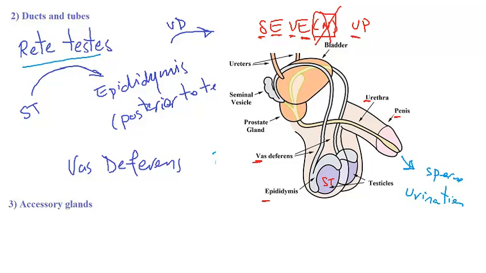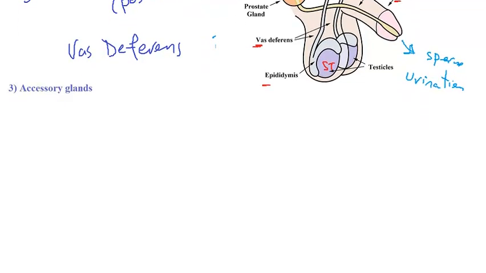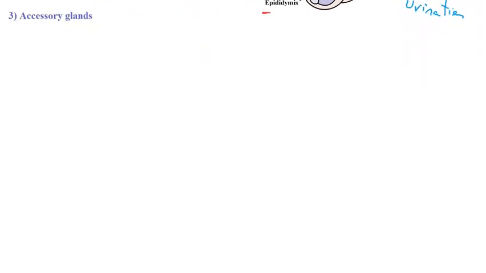All right. Next, I would like to discuss the accessory glands. In the previous lecture, we briefly touched upon different accessory glands, but we didn't really go into details. So here I'd like to discuss in a little more detail the function of every one of the accessory glands present in the male reproductive organs.